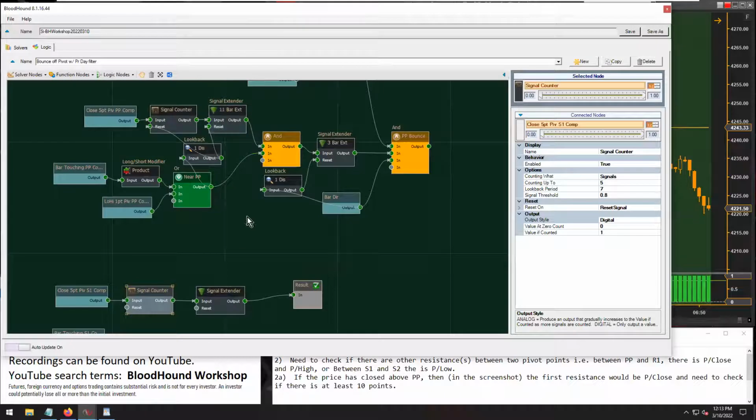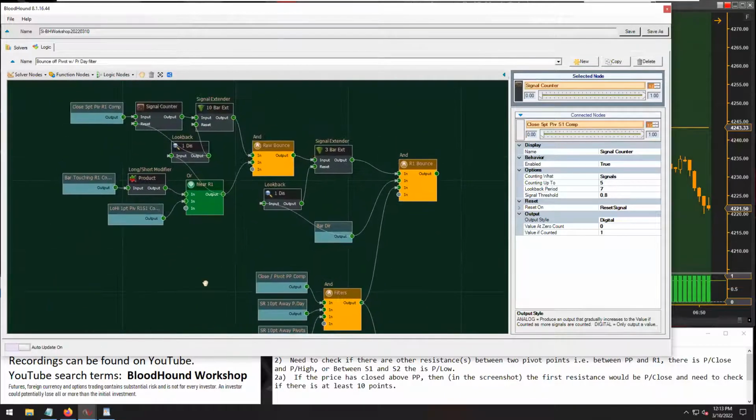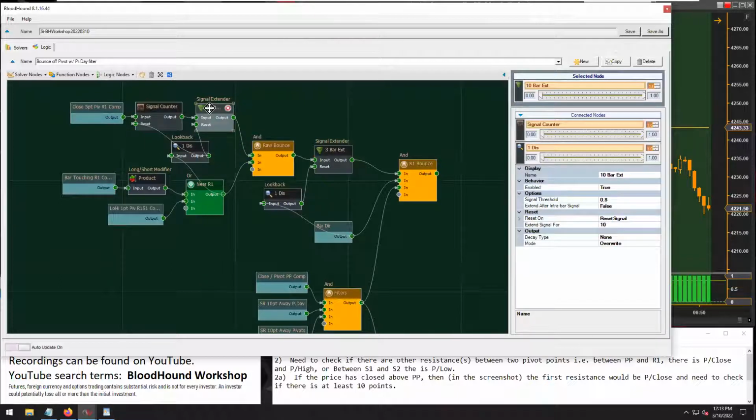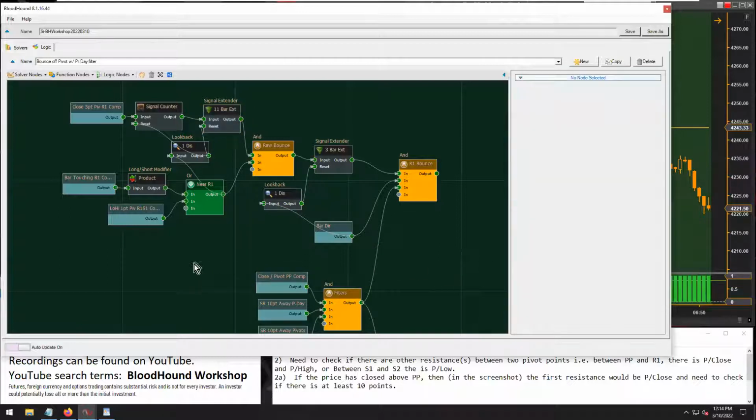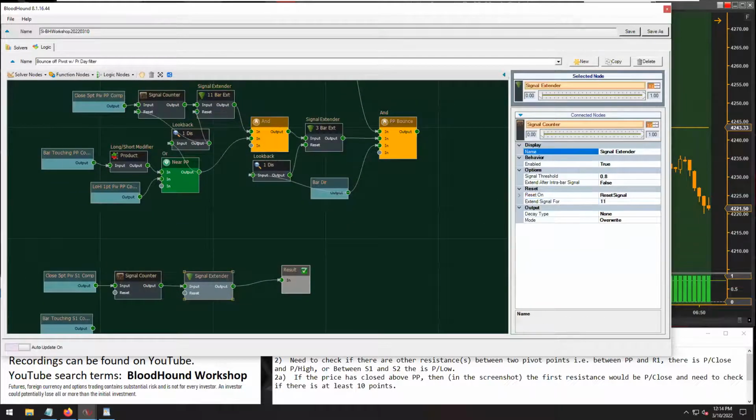And let's see, our signal extender, you know what, let's go back and adjust this one to 11 bars as well. There we go. Remember, you want to keep everything in sync so that the functionality is the same for every pivot line.